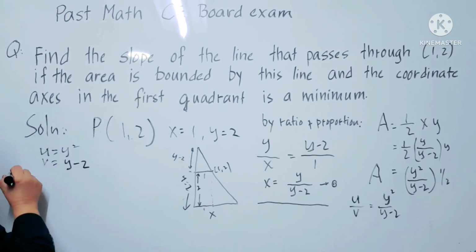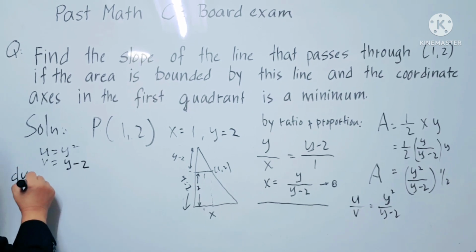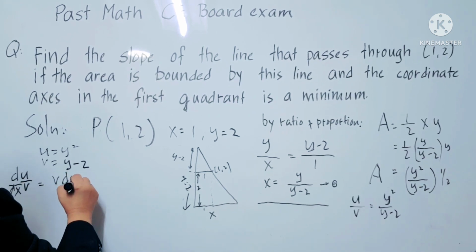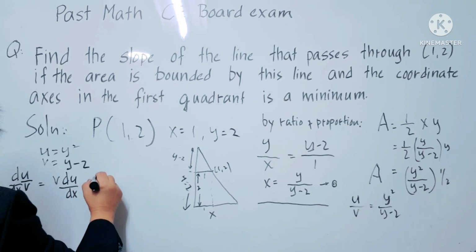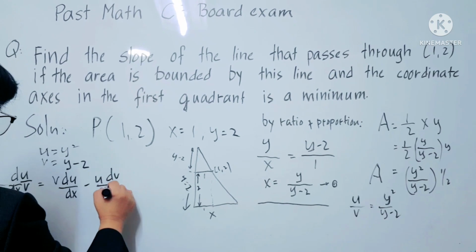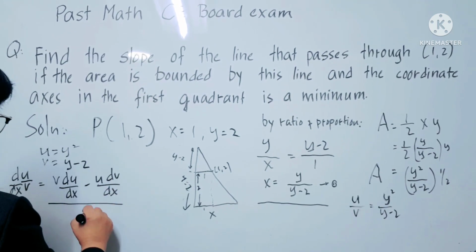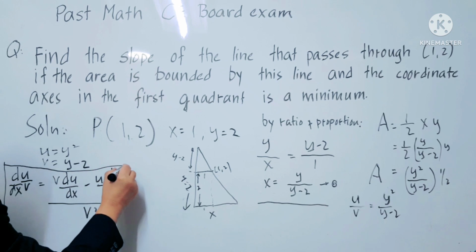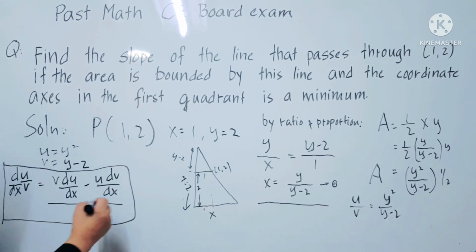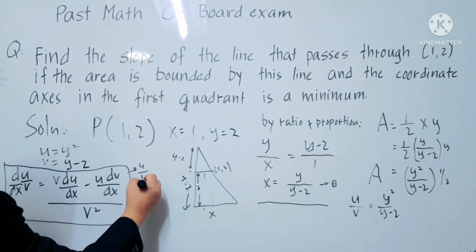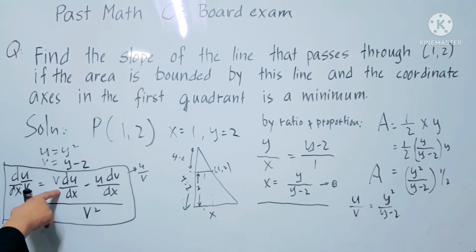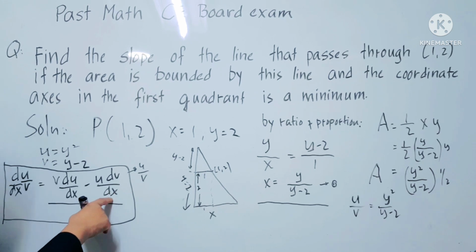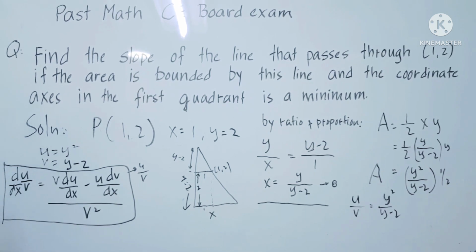Now, this is the formula for the derivative of u over v, which is equal to v, the derivative of u with respect to x, minus u, the derivative of v with respect to x, divided by v squared.